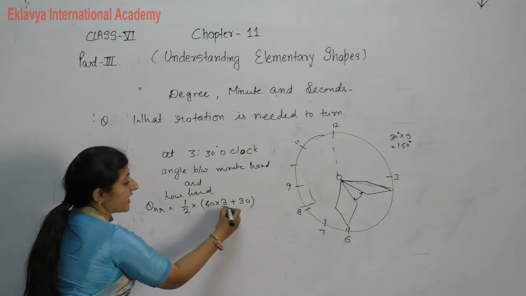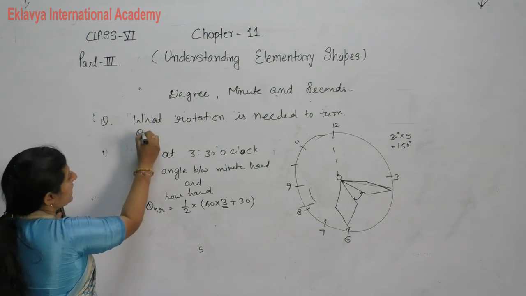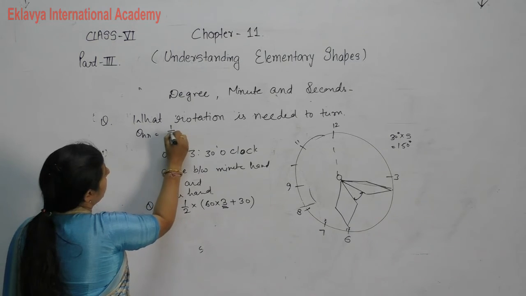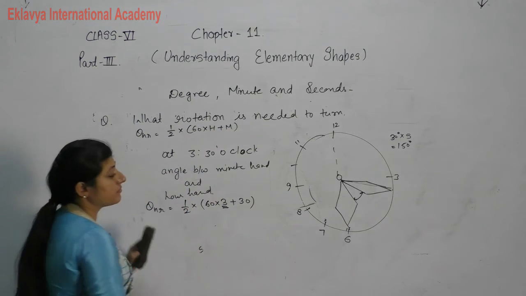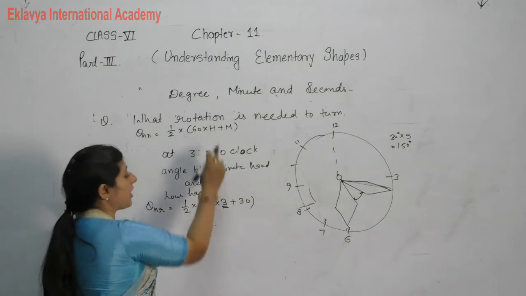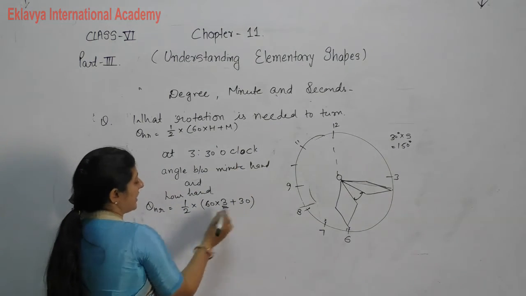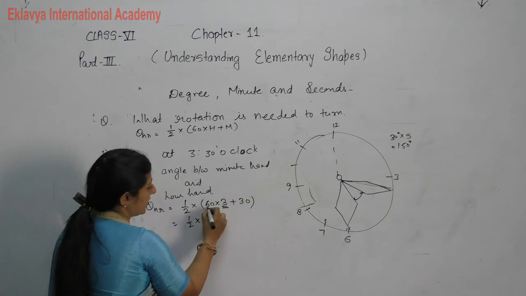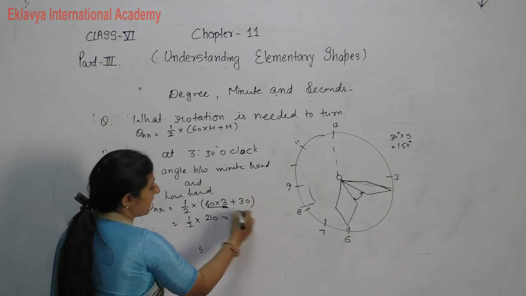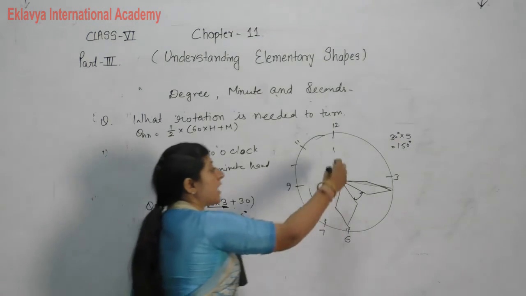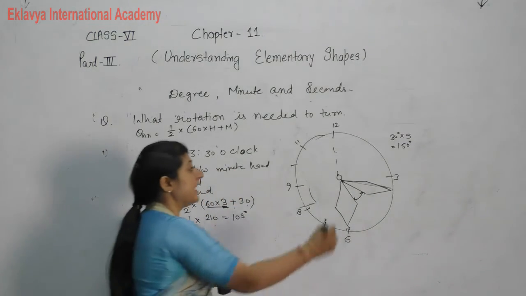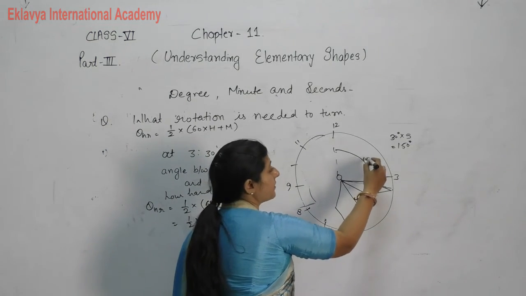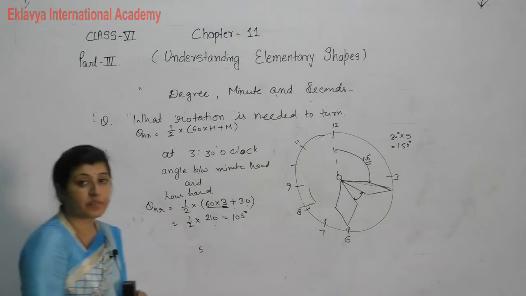This is the value of H. There is a formula, theta H is equal to 1 by 2 multiplied by 60 into H plus M. Then 60 into H how many? 3. Minute 30. Now calculate it. That is 180 plus 30, 210. It becomes 105 degree. It means from 12 o'clock the hour hand's position is equal to 105 degree, making 105 degree from here in clockwise direction.